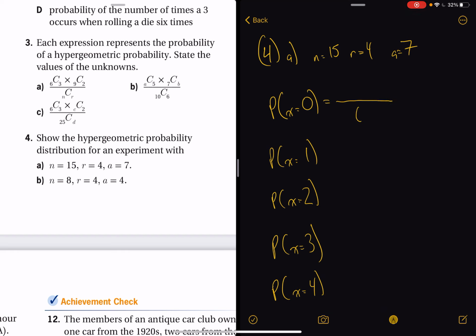So that's basically 15 choose 4. We're doing 4 trials. That's the total possible outcomes. That's the denominator for all of them. In fact, that's going to be the denominator for every single one of these. 15 choose 4, because we have 4 trials out of 15 possible results.